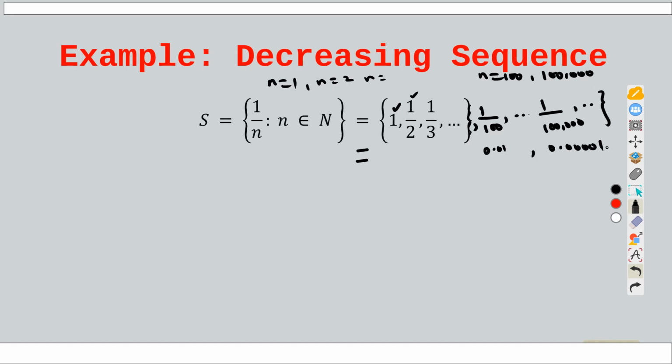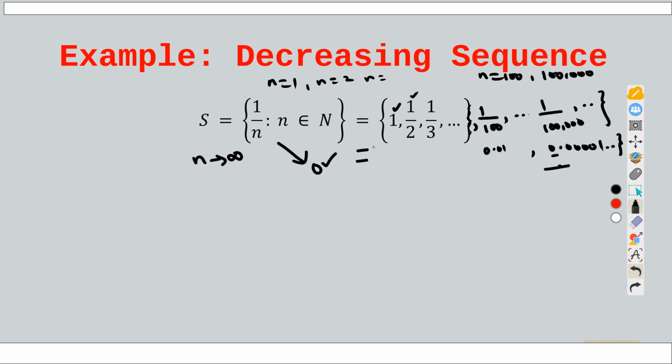You realize it is keeping on decreasing, but it is coming closer to 0. As you increase n, if n keeps on increasing, then the terms will be tending towards 0.